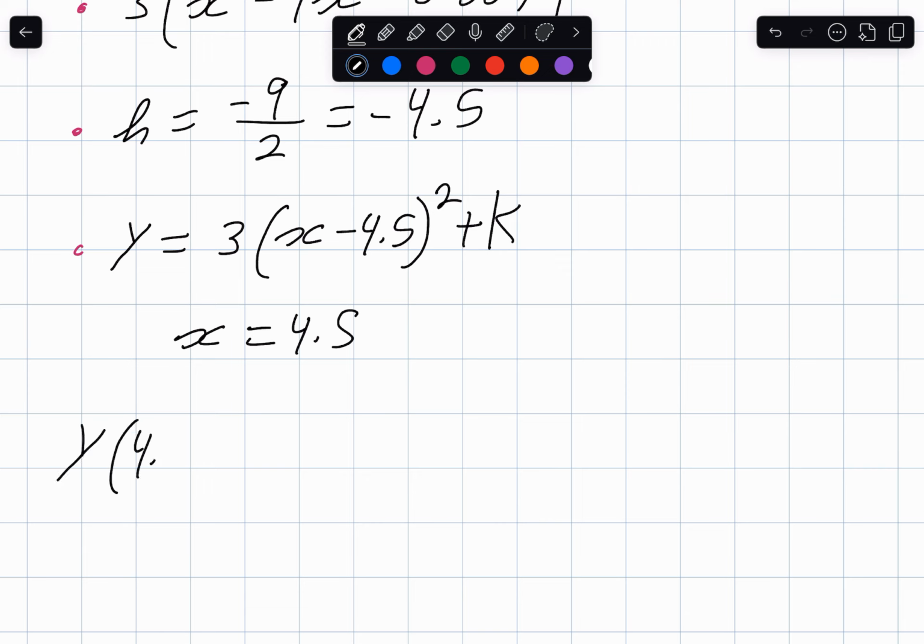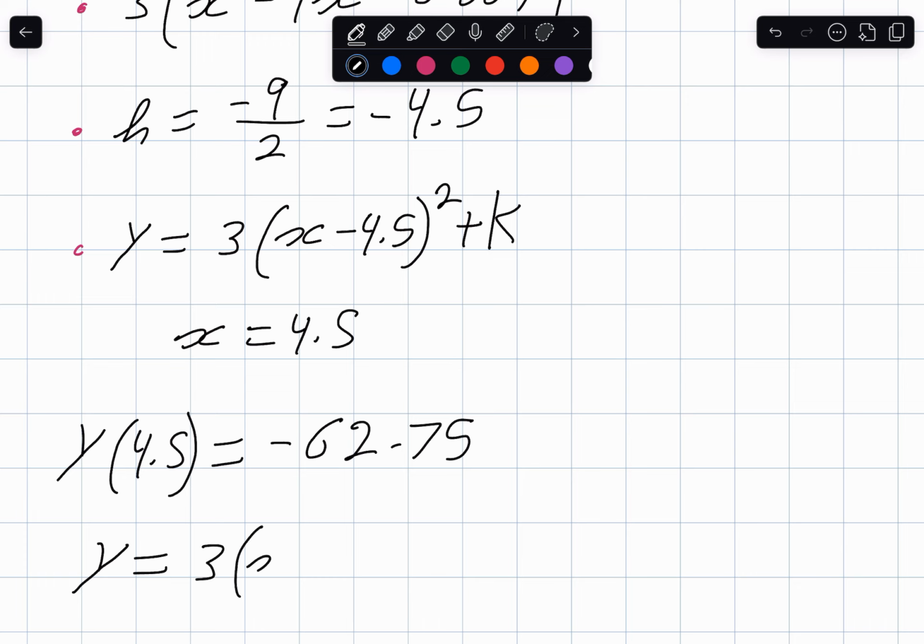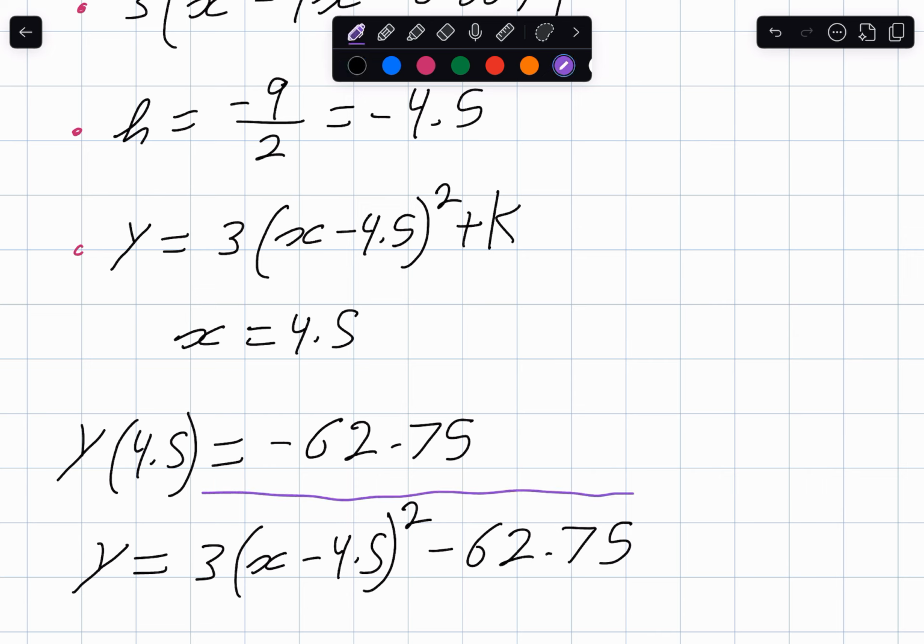And so we plug in 4.5 inside our quadratic function to know what that corresponds to, and we find it to be 62.75. So our final complete the square form of this is going to look like this. Plug in the value of k that we found, and this is our final answer.